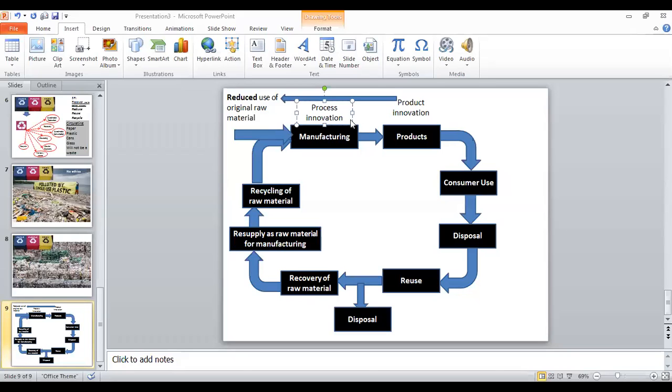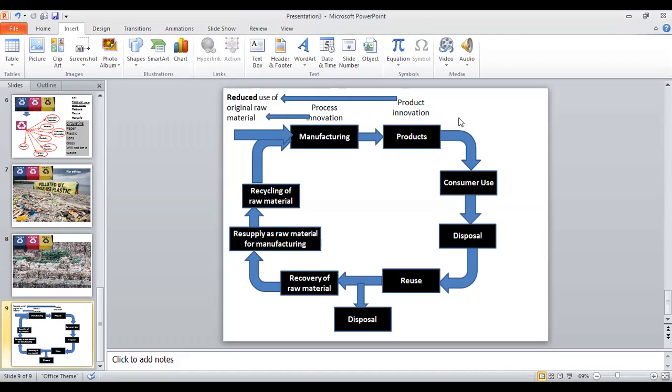Instead of production or manufacturing, we would say process innovation is also possible, leading to reduction of raw material.